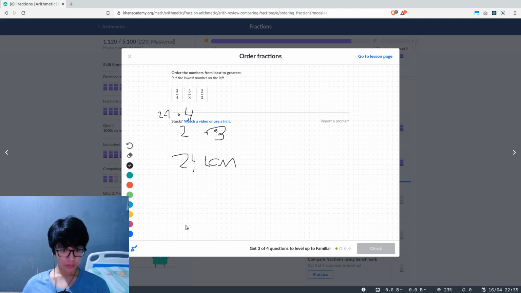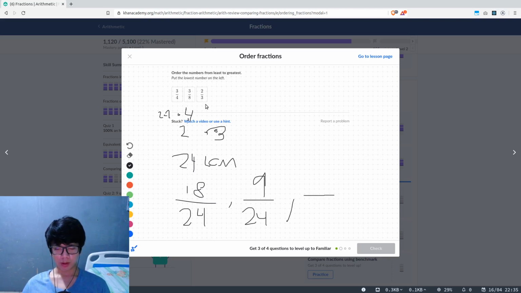So we're gonna go 24 for the first one. For that, we move by 6, so it's gonna be 18. The second one's gonna be 3 multiplied by 3. It's 9. And then this guy, for it to be 24, we have to multiply by 8.